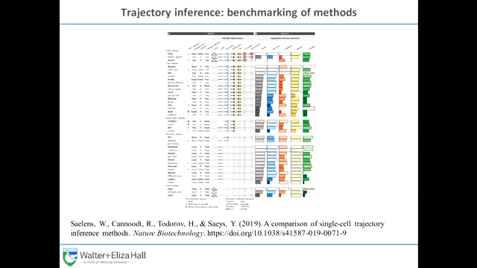They do a fantastic job of rigorously and thoughtfully comparing all of the different trajectory inference methods across lots of different axes of things that might be important. So if you're interested in trajectory inference, then this is absolutely the paper to read to try and figure out what might be a good choice for your particular problem.